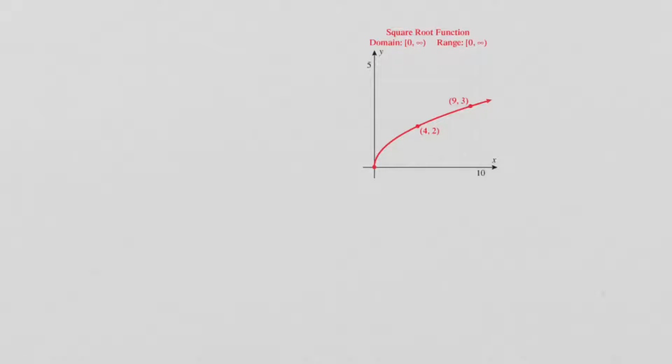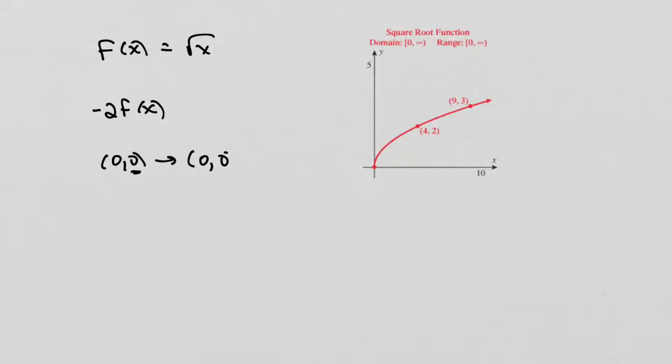So here's our square root function again. Right? So I have f of x equal the square root of x here. What if I had negative 2 times f of x? Well, again, think about what's going to happen to our points. 0,0, multiply that 0 by the negative 2, doesn't change anything. The point 4,2, that's going to get mapped onto 4 comma negative 4, after we multiply that by a negative 2.